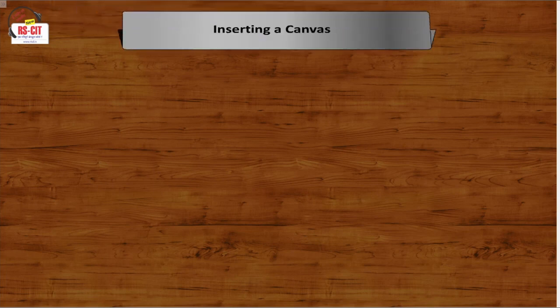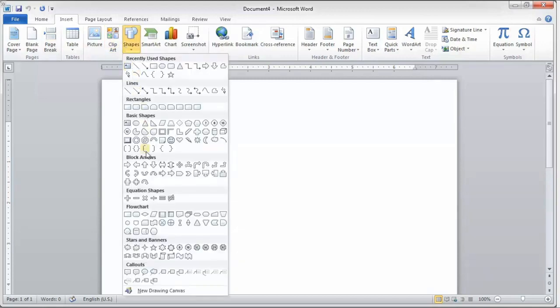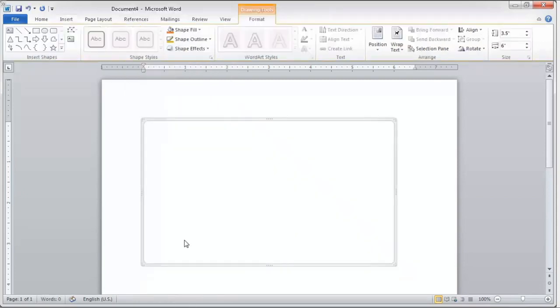Inserting a canvas. Word flowcharts are best contained within a drawing canvas. You can insert shapes directly into a Word document, but using a canvas has several advantages.